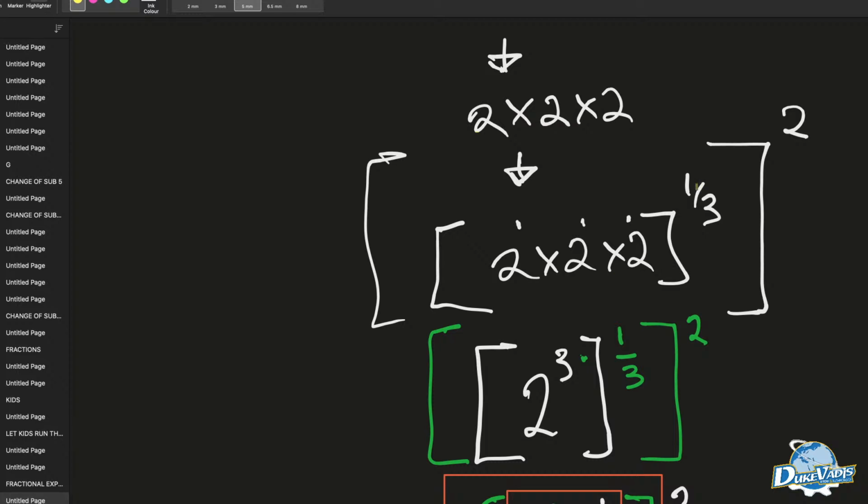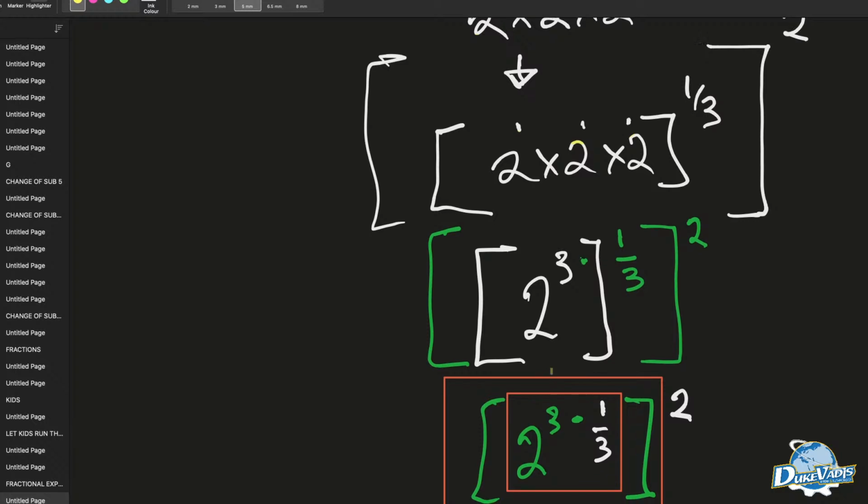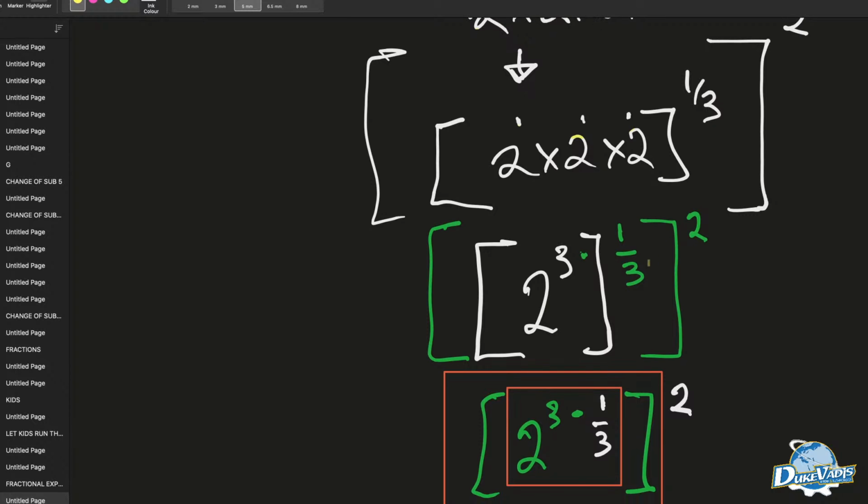So when we substituted the 2 multiples, the triple 2 raised to the power 1/3. And we know that 2, as it stands on itself, its exponent is 1. So 2 raised to the power 1, 2 raised to the power 1, 2 raised to the power 1. When we keep these together, we get 3. So that gives us 2 raised to the power 3. And bear in mind, our friend 1/3 is sitting here, and the 2 is also out because we factorized that.